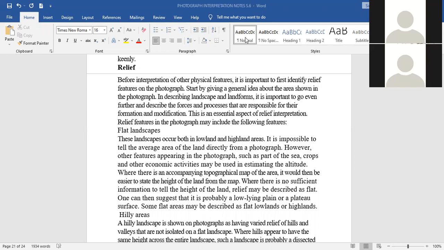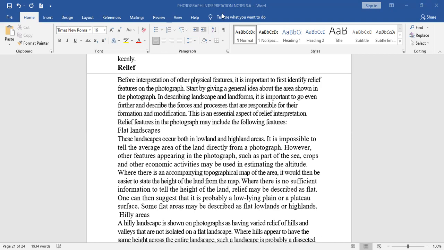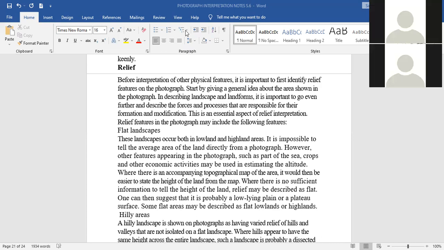But once again, under geomorphology, we have also studied the processes of folding, the processes of volcanicity, in which highlands are described. The formation of highland is looked at. And therefore, it is very important that we use the same knowledge in order to describe the formation of relief features that are shown on given photographs.